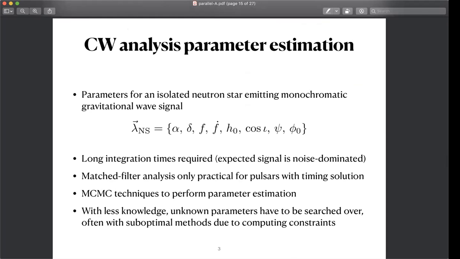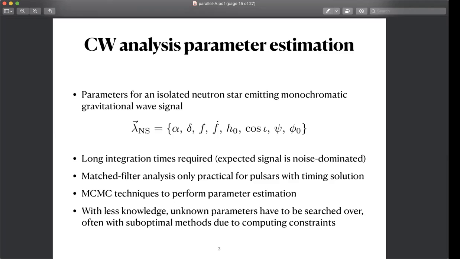We have the sky location, the frequency of the source, the frequency evolution, which is slow compared to the observation time, the amplitude of gravitational waves, the orientation parameters, and some initial phase. As I mentioned, we have to do long observation times because the expected signal is noise dominated. And the matched filter analysis technique really only works for pulsars with a timing solution. However, these techniques can be expanded.